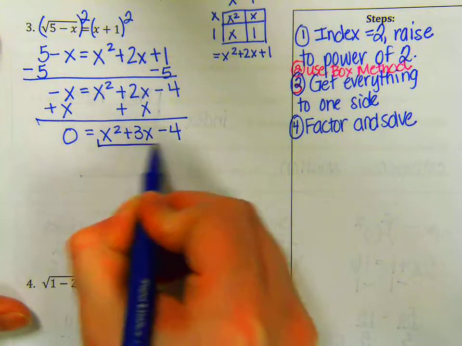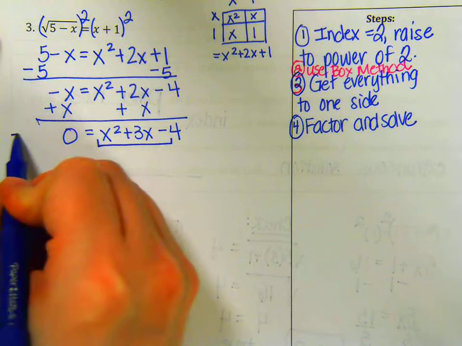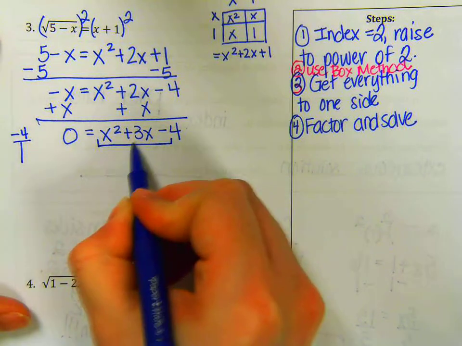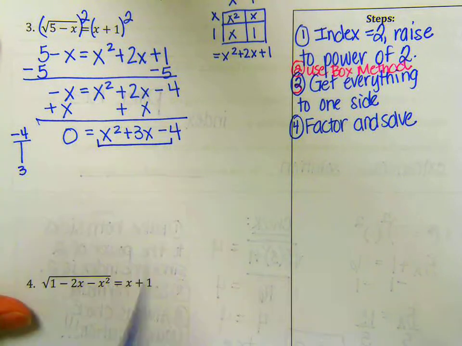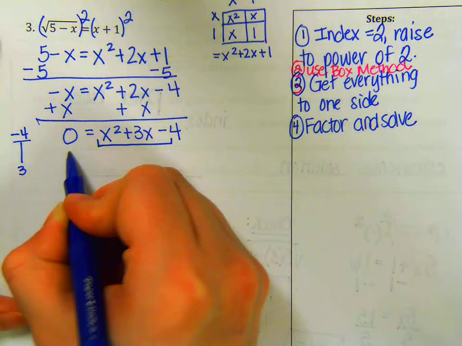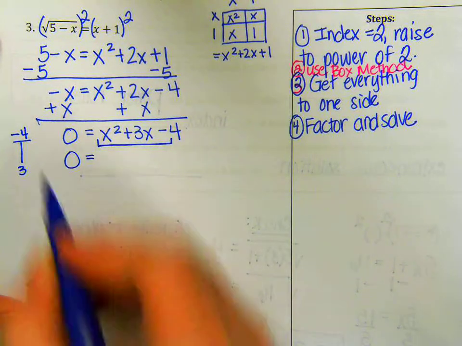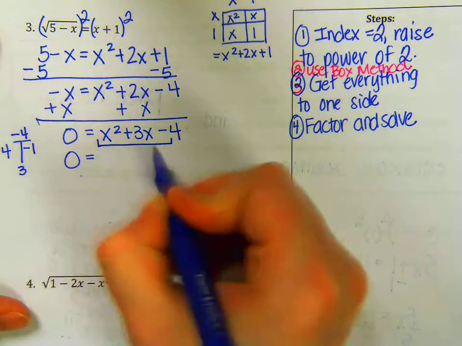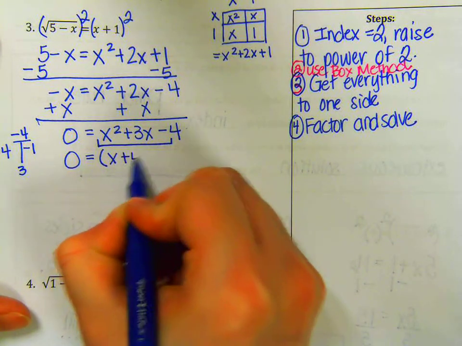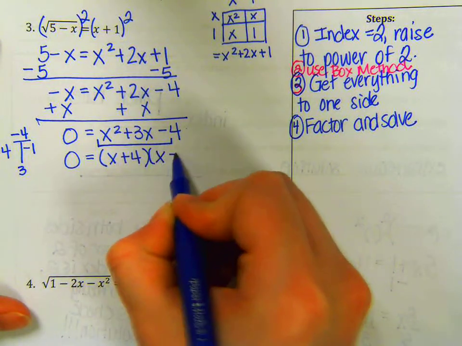So I am looking for the two numbers that multiply to give me negative 4, but add to give me positive 3. Good, 4 and negative 1. So x plus 4 and x minus 1.